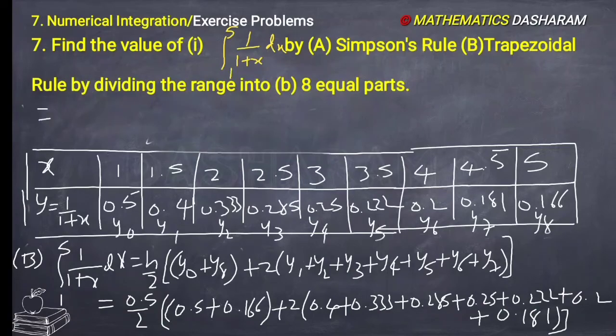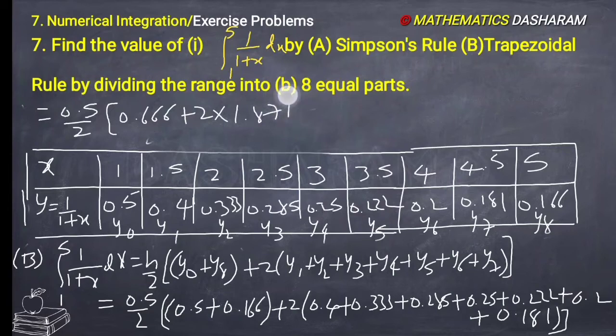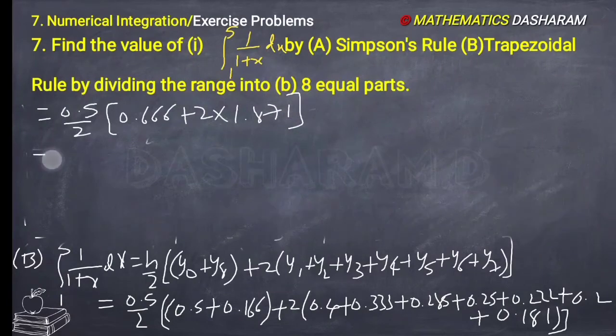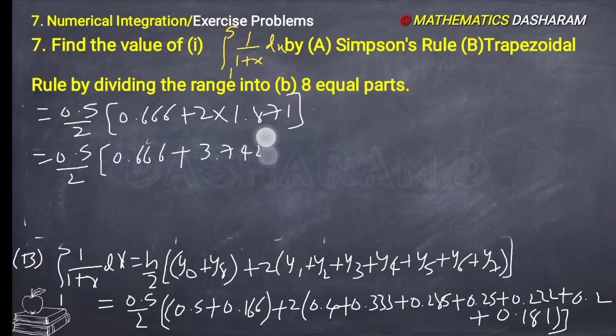It is equal to 0.5 divided by 2 bracket of 0.666 plus 2 into the addition of all these decimal numbers, which is 1.871. So it is equal to 0.5 divided by 2 bracket of 0.666 plus 2 into 1.871 is 3.742.